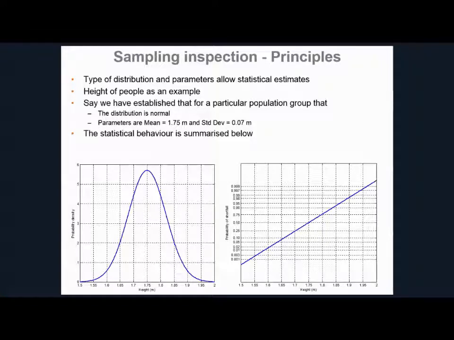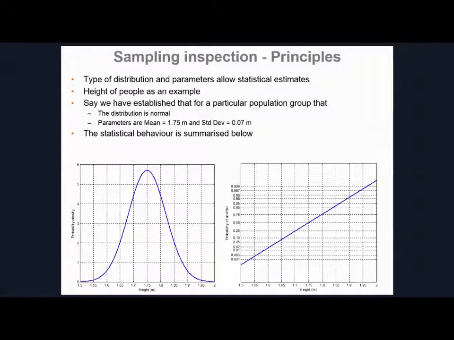And as a probability of shortfall, it's basically also showing, for example, there's a 10% probability of a randomly selected individual having a height of less than about 1.66 meters. So also what it's showing us is that there's 25% less than 1.7 meters, and on the high side, 25% also above 1.8.